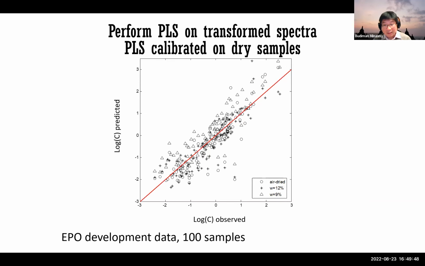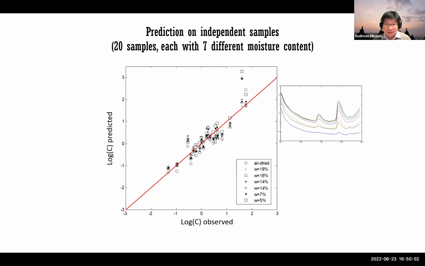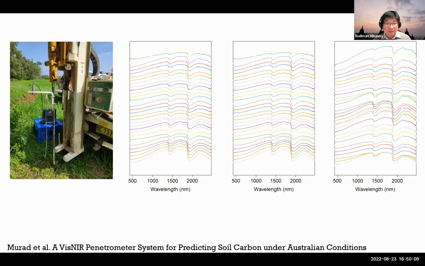So when we do the prediction on the wet samples, it is not going to be affected too much by the moisture content. Similarly, on the same soil wetted at different times, we see a good prediction that is not affected by the moisture.